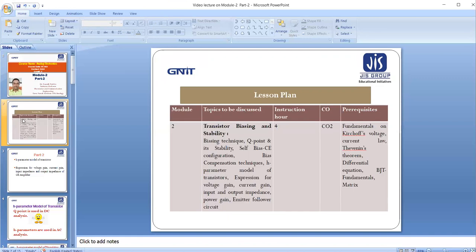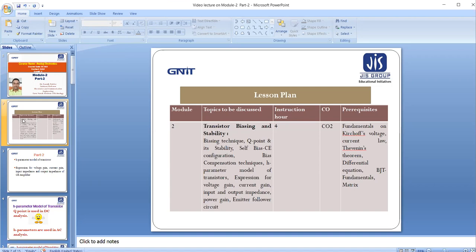In part 1, we had discussed the biasing technique, Q point and its stability, self-bias, CE configuration, bias compensation techniques. Now in part 2, that is in our present presentation, we shall discuss the H parameter model of transistors, expression for voltage gain, current gain, input and output impedance, and power gain.